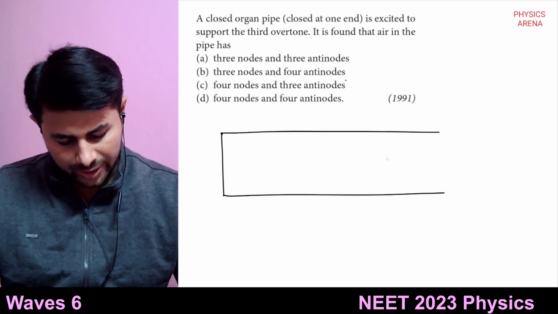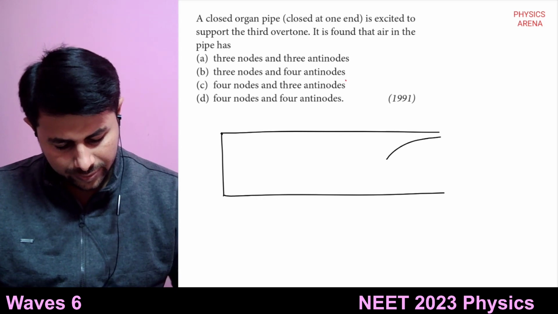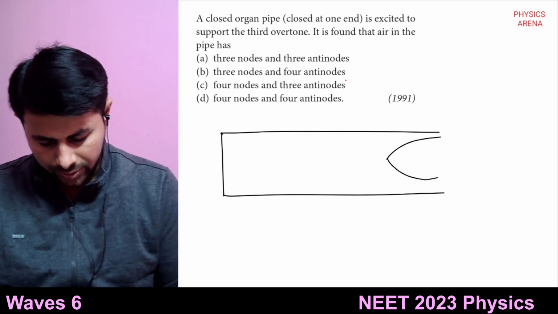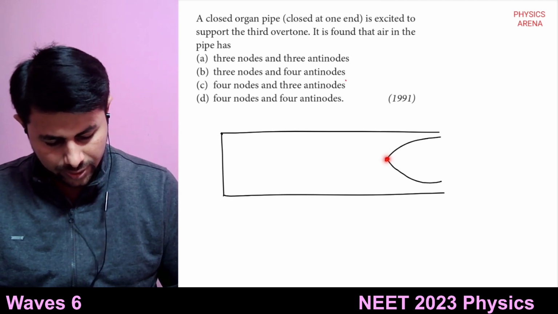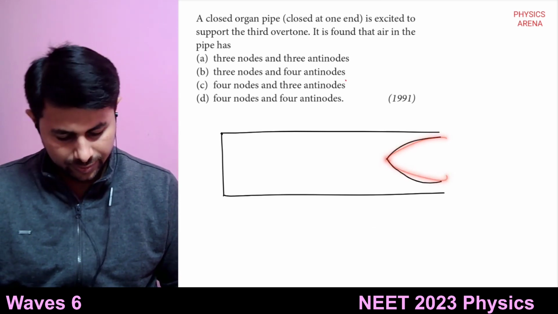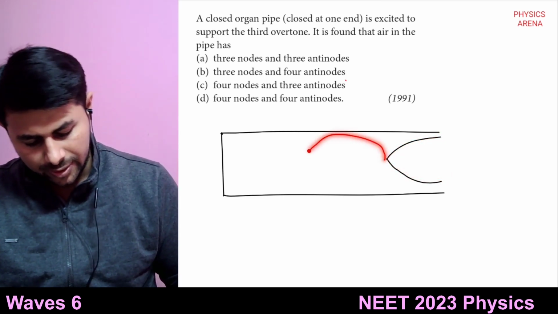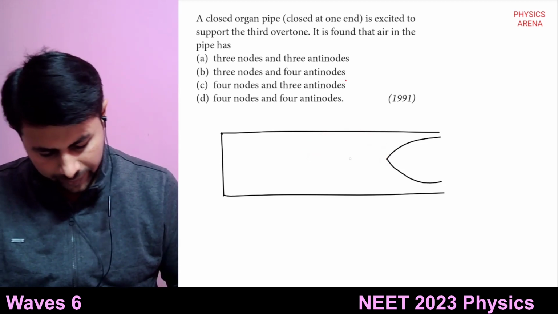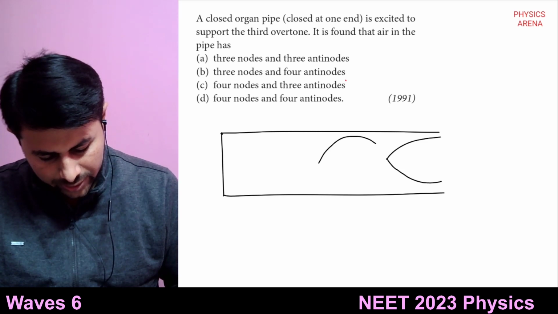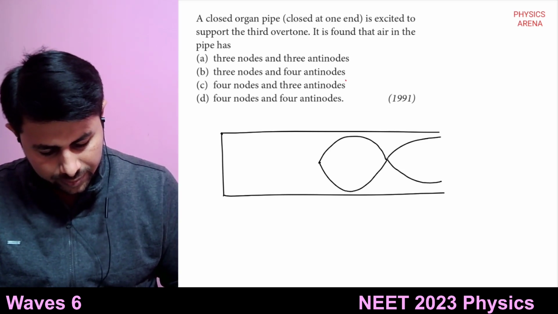See, for fundamental mode, you will have a node and an antinode. After that, first overtone will have one extra loop. So this is suppose first overtone, right?